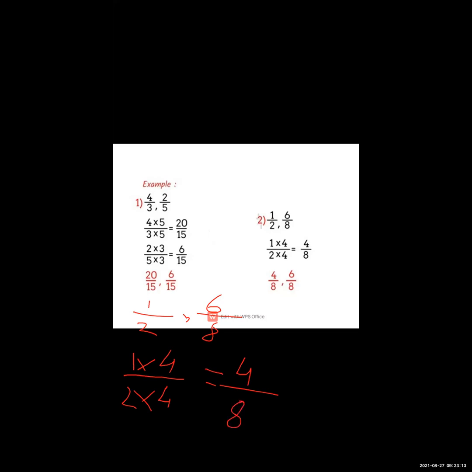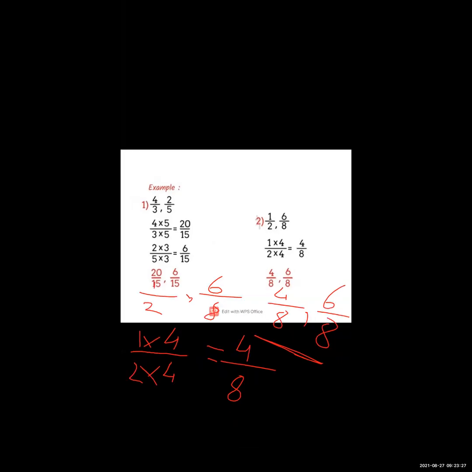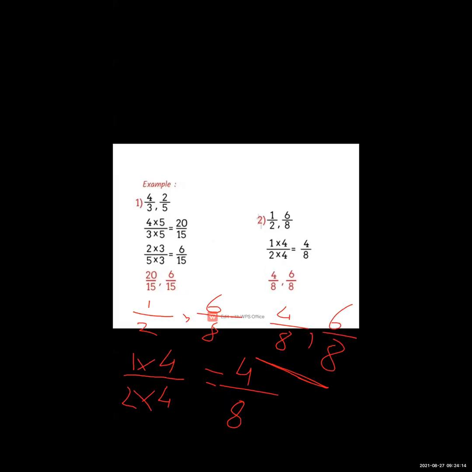So what answer did you get? You got 4 upon 8 and 6 upon 8. So both denominators you got the same. Wait, let me rub it first, then I will explain again.